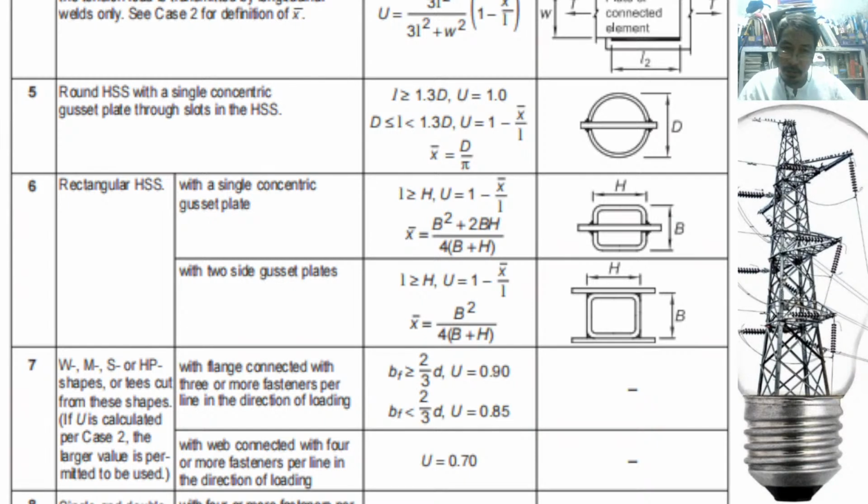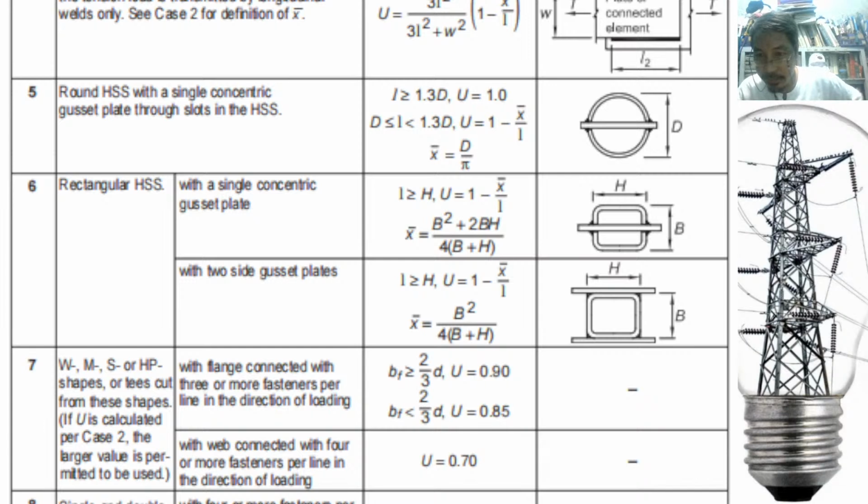After comparing the flange, we found out that 2/3 D is less than the flange. Therefore, we will have U equal to 0.9. So U is equal to 0.9 because of that, case number 7.